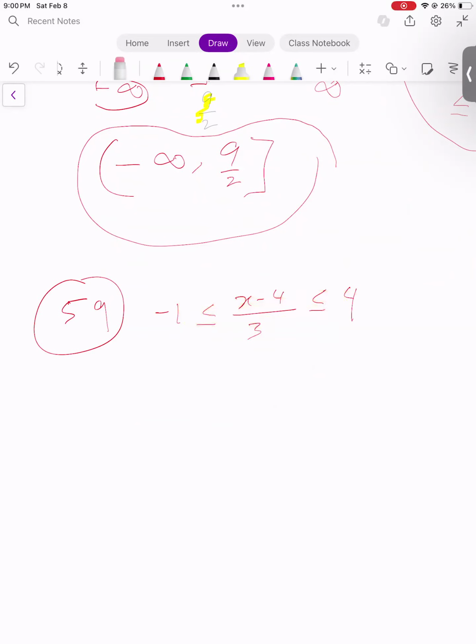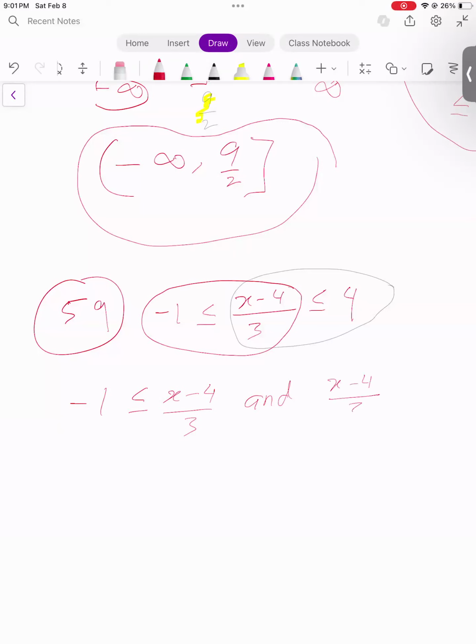We can rewrite this as -1 less than or equal to x minus 4 over 3, using the word and, with the right portion x minus 4 over 3 less than or equal to 4. These two forms are exactly the same, only in a different form, so you can solve by rewriting using and, or you can solve from here.